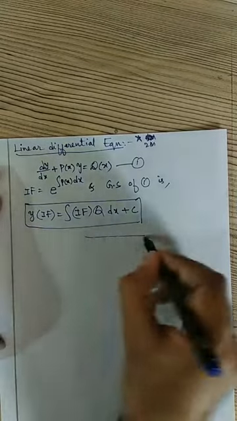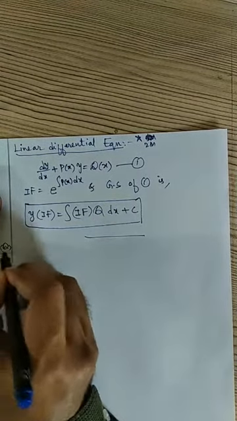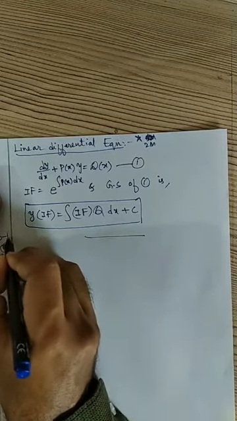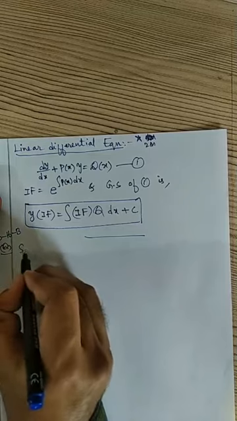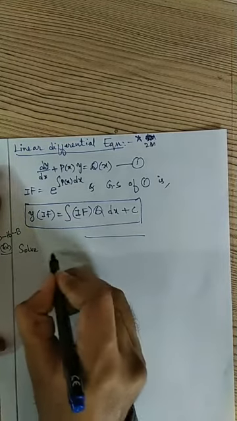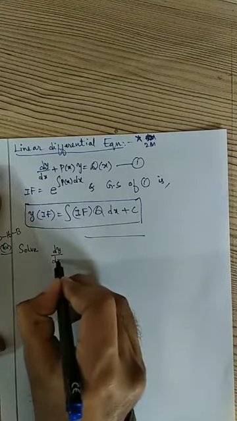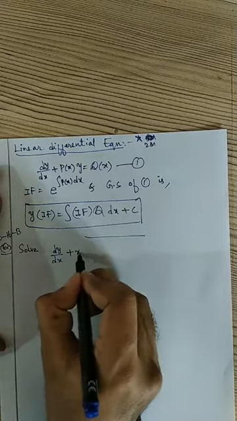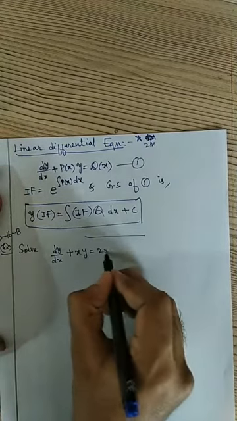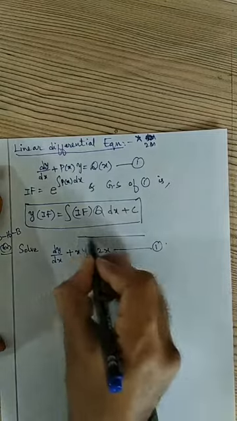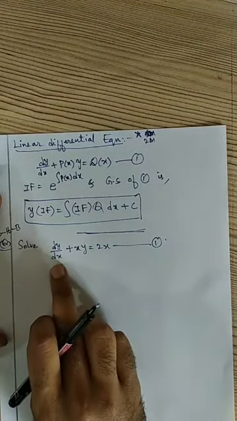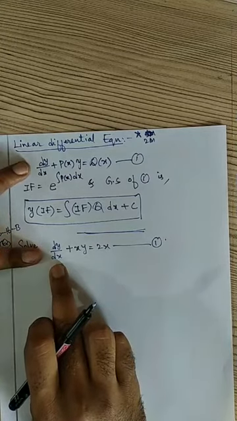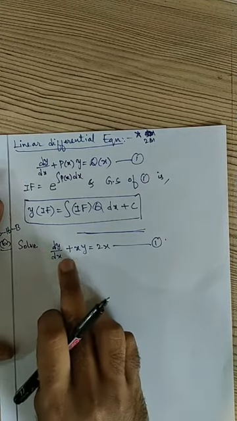We'll see one problem in this, and this question was asked in the December 2016 backlog paper. Solve dy by dx plus xy equals 2x. Consider this equation as 1. You observe this equation is similar to dy by dx plus py equals q.